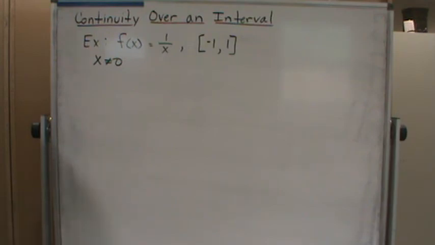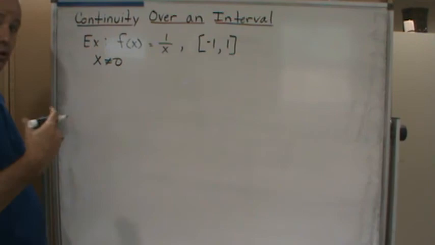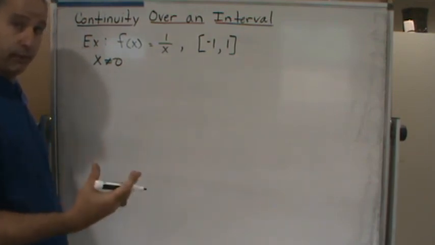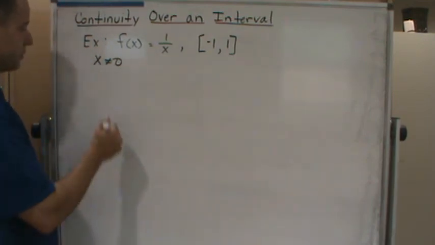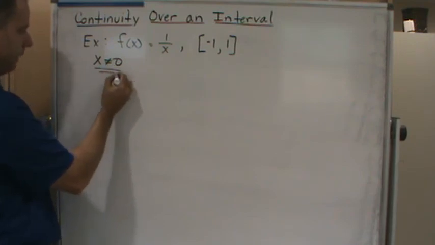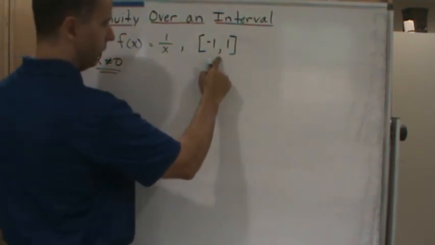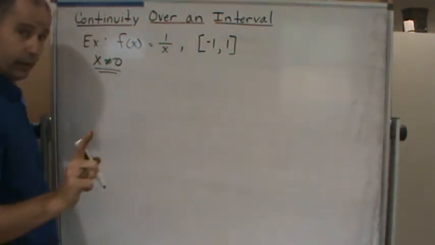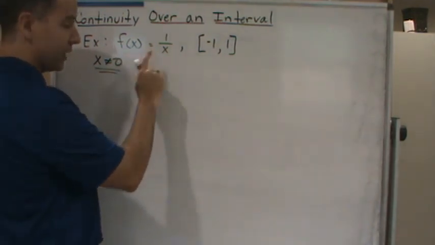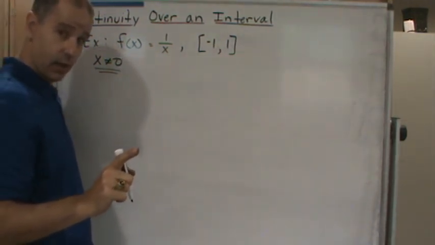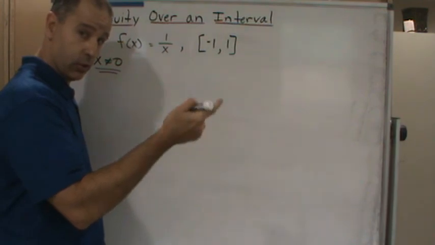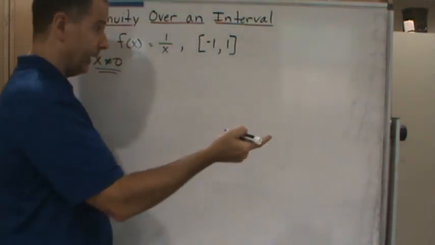Again, make sure you look at the conditions. Are the conditions met to apply the intermediate value theorem? In this case, the answer is no, because 0 is in the interval. Remember, the function has to be continuous over the entire closed bounded interval, and here it's not.